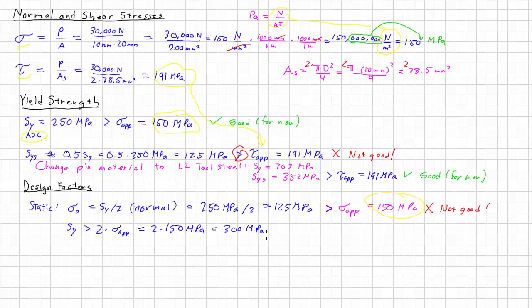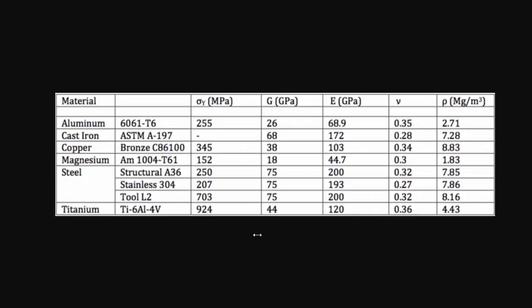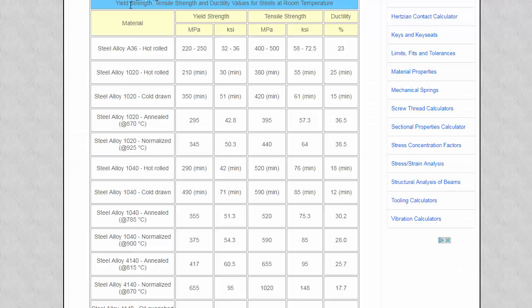Now, I'm going to look at this chart, but this is a very small selection of materials. So I think I'll just go straight to a steel chart. And this is a chart from a steel manufacturer, and they have the yield strength here in megapascals. So I'm going to pick something from here. What we're looking for is something that is at least 300 megapascals.